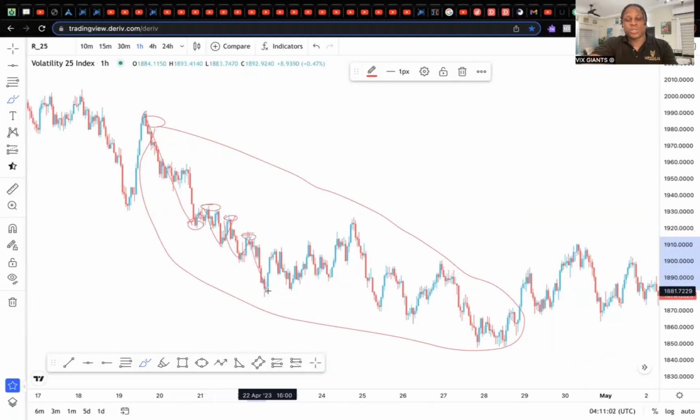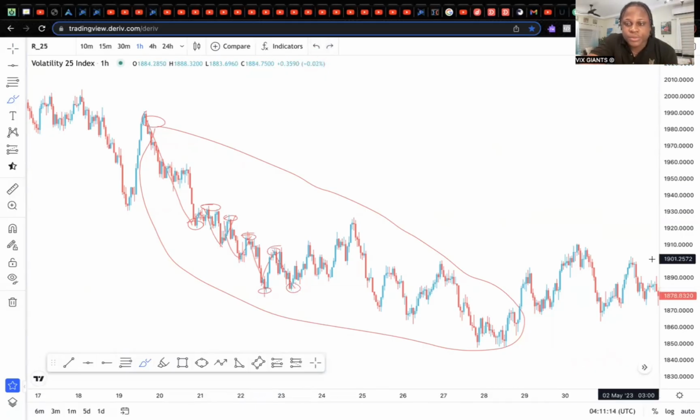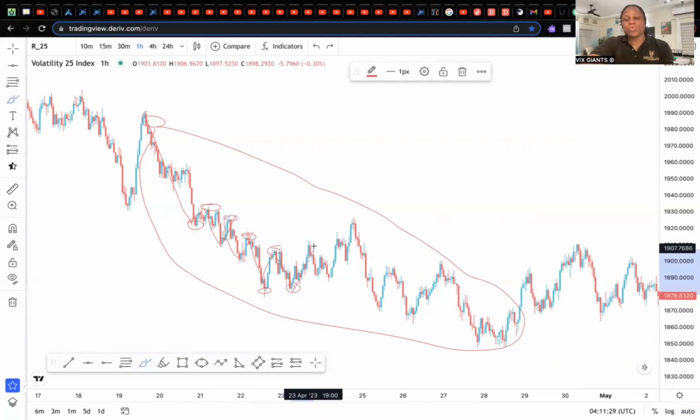Market pushes down, lower low, market pushes up, lower high, market pushes down, creating equal lows, because at this point in the downtrend, you notice how the market pretty much came back to the same low. It didn't get any lower, but instead it reacted to the same level, creating an equal low point, right? We push up.